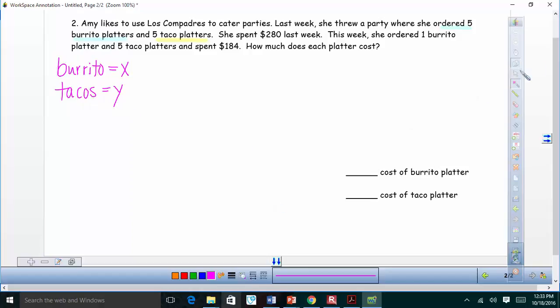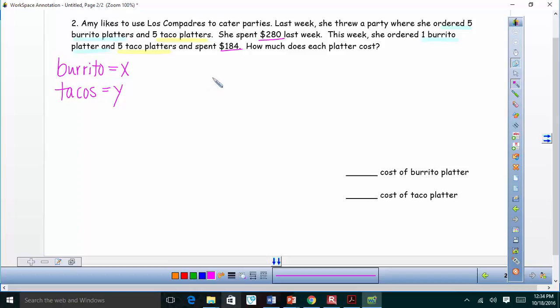Okay. So it says the first week she spent $280. Now it says this week she ordered 1 burrito platter and 5 taco platters, and she spent $184.